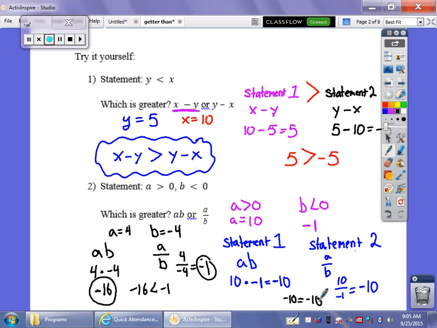I can make it when AB is greater than A divided by B, and we can also make it when AB is less than. So there's not enough information. So for number 2, we can't figure out which statement is greater with the information we're given.